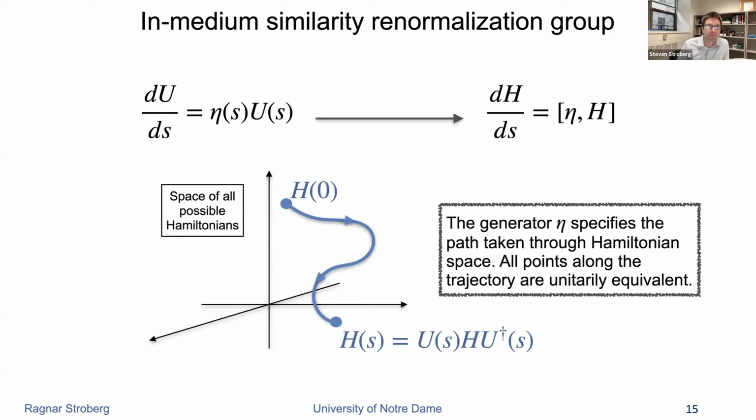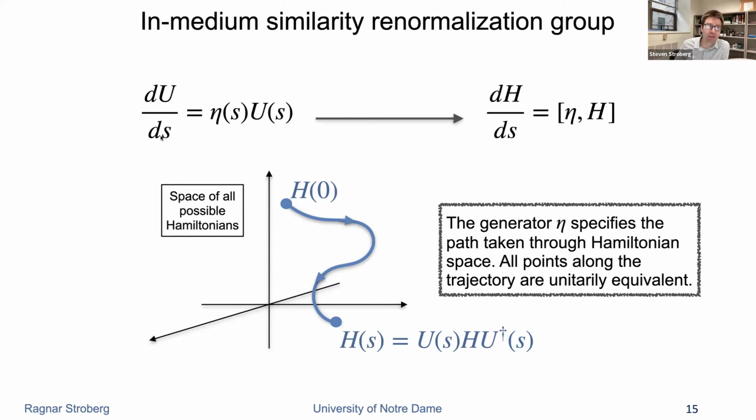And the way we achieve this in the IMSRG, because you need to figure out some way to actually construct this unitary transformation, is we construct it through a flow equation. So we introduce a flow parameter that characterizes, you can think about it like a time, how you're going along in this RG flow.